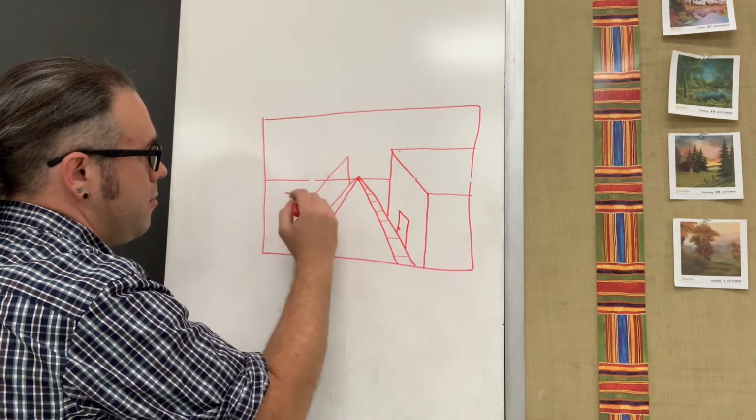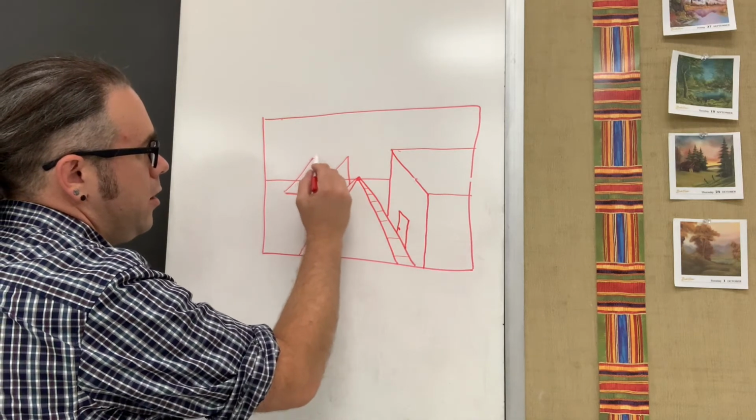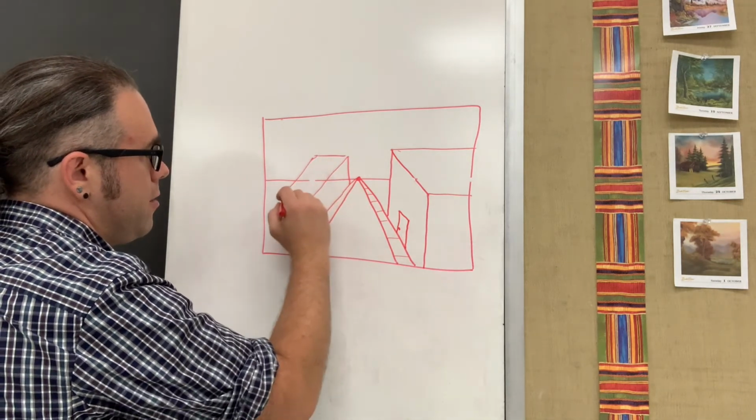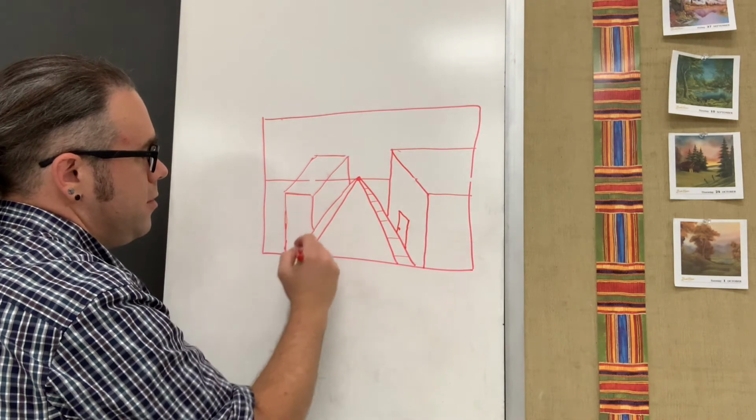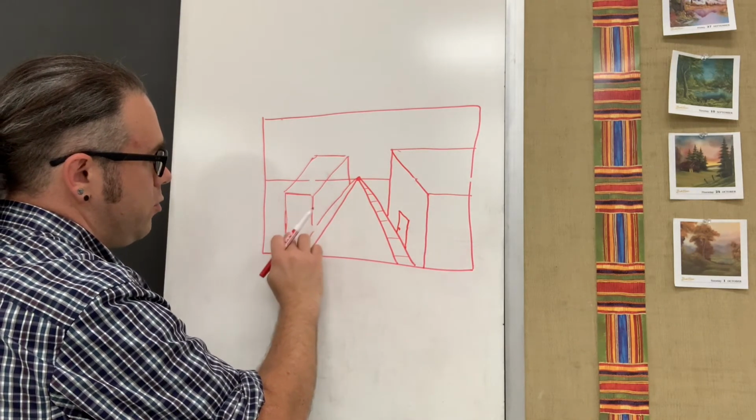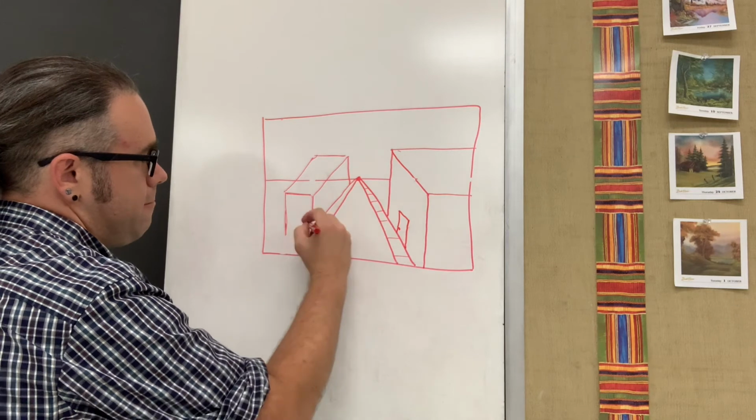Horizontal line here, diagonal line here, horizontal line. And then this will be our last vertical. So like this side of the building is like a little too big. So let me fix that.